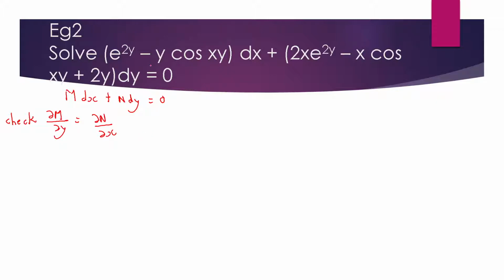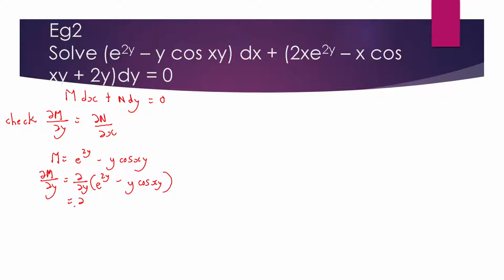M is actually the coefficient of dx. So you have your M is e^(2y) minus y cos xy. Then you find del M del y. Then you del y of e^(2y) minus y cos xy.